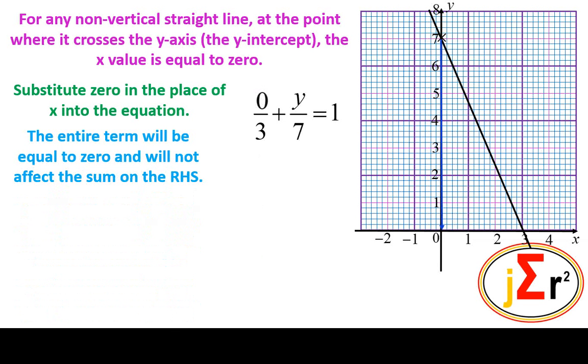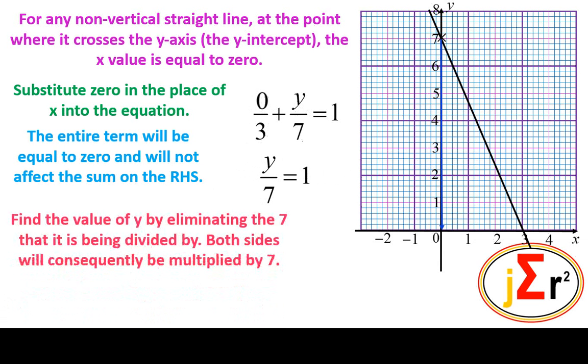The entire term will be equal to 0 and will not affect the sum on the right hand side. 0 divided by 3 is 0. So the only terms that will remain in the equation will be the y over 7 and 1. Y over 7 is equal to 1.